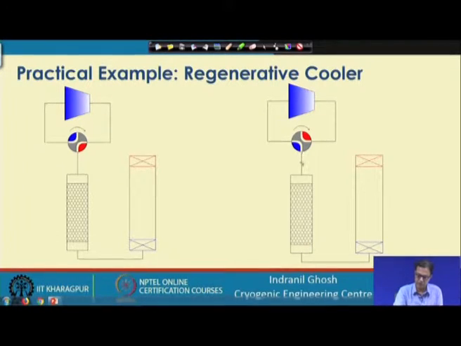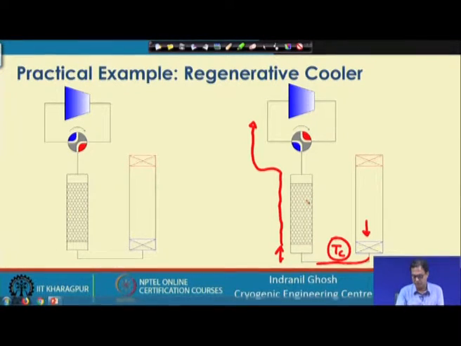When it is connected to the suction side of the compressor, this cold gas comes to this side and passes through the regenerator. This gas is at TC or slightly lower than TC, and it goes back to the suction side of the compressor via this regenerator. When it passes through the regenerator, it picks up the heat it left in the regenerator bed in the earlier cycle.